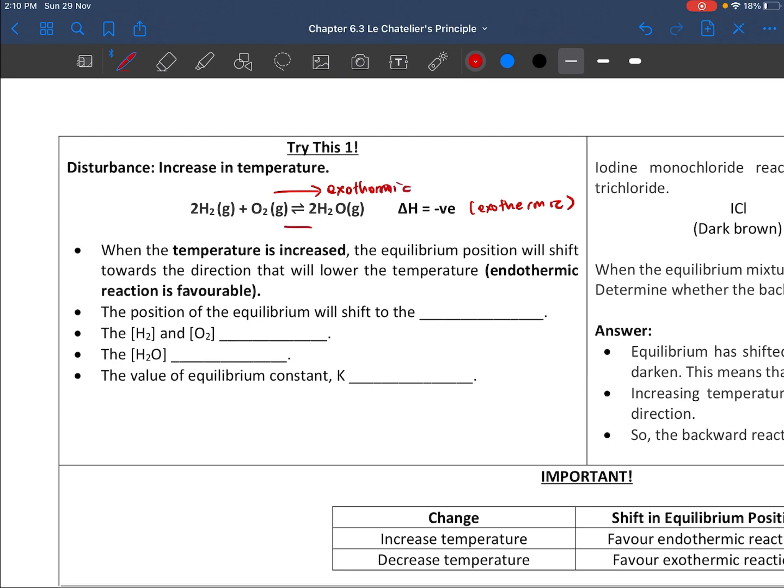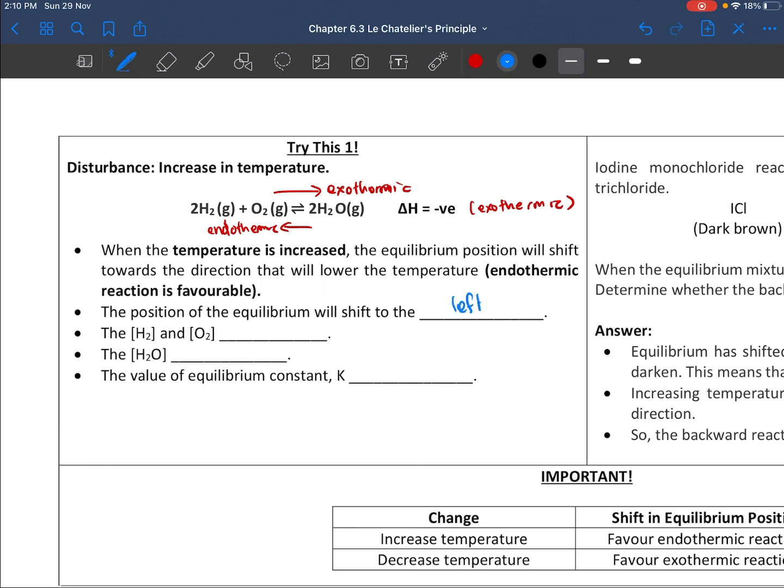Okay, so reverse dia adalah endothermic. Okay, so kalau temperature increase, that means sistem tu akan cuba untuk decreasekan the temperature. Okay, that means dia akan favor endothermic reaction. So endothermic reaction shift to the left. Okay, so the answer equilibrium position will shift to the left.